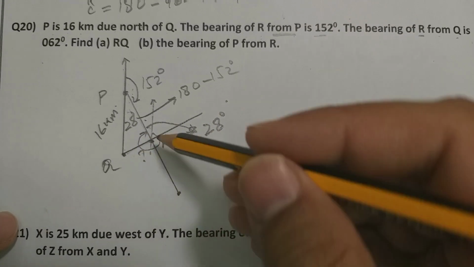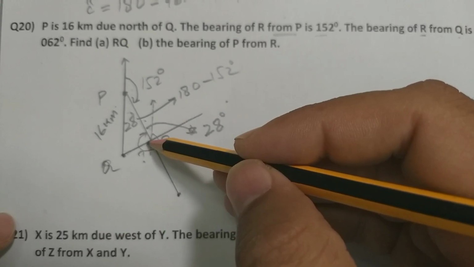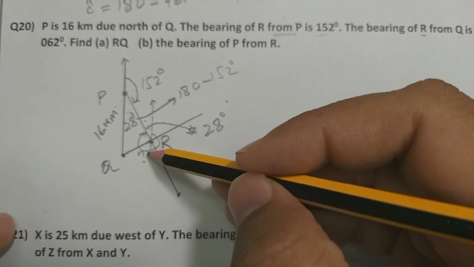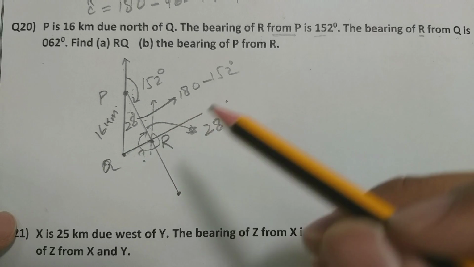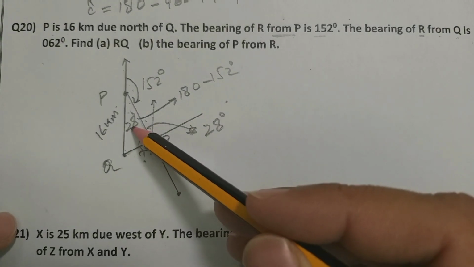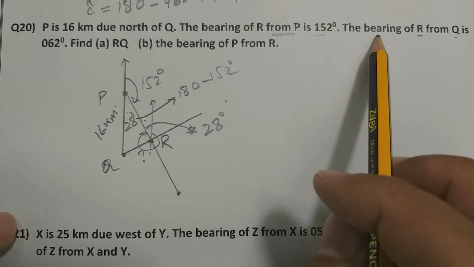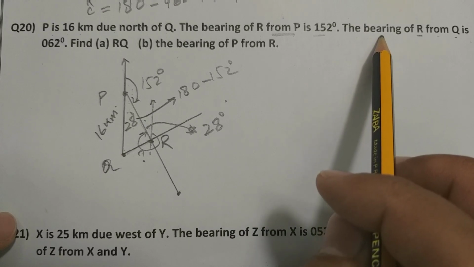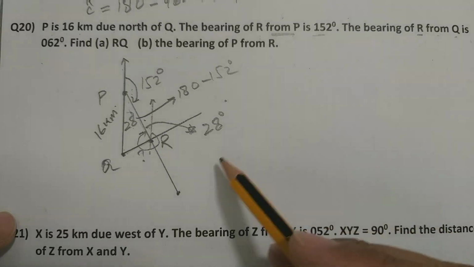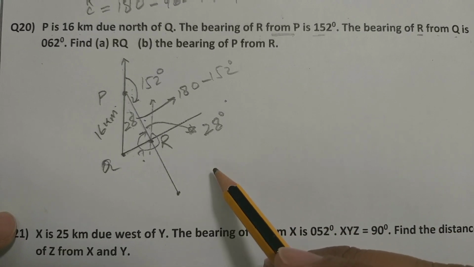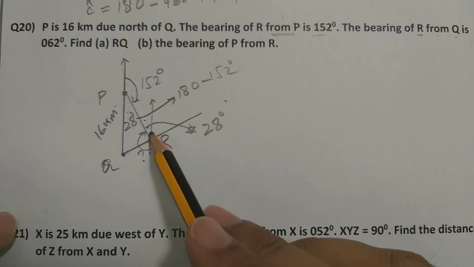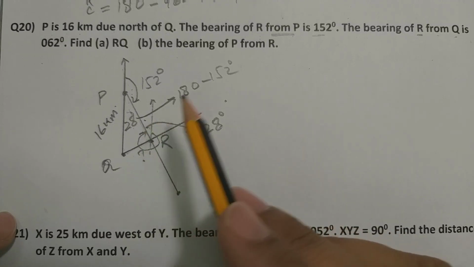But if you observe this length, what is it? This is 28, the bearing. Okay, so it is 28. We can find this is 28.